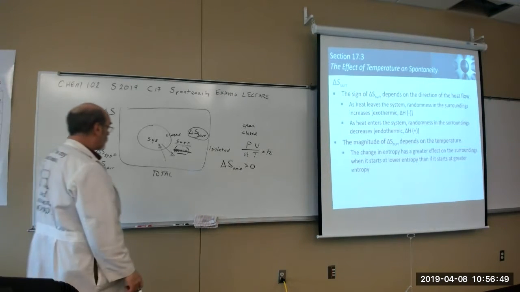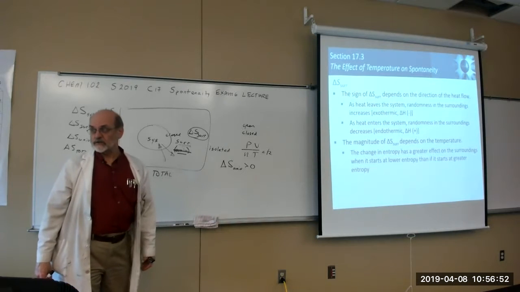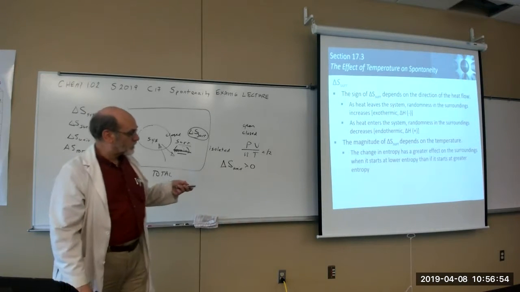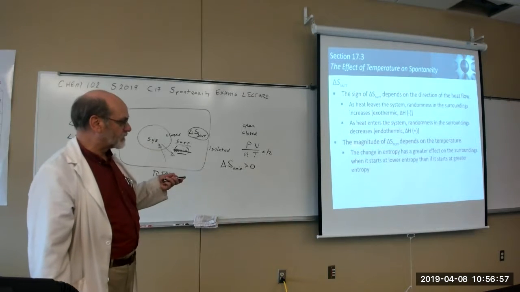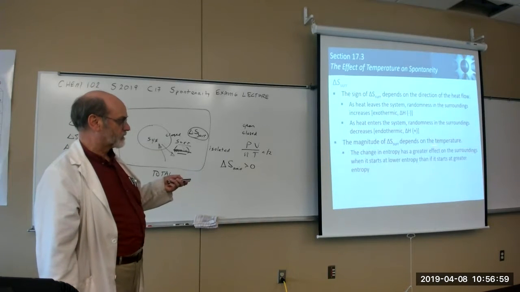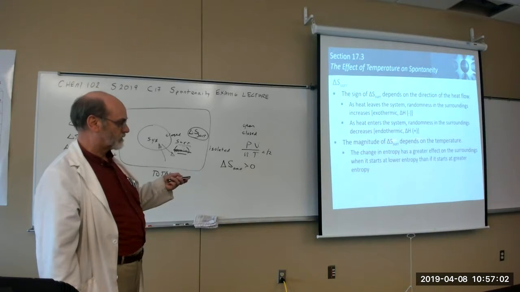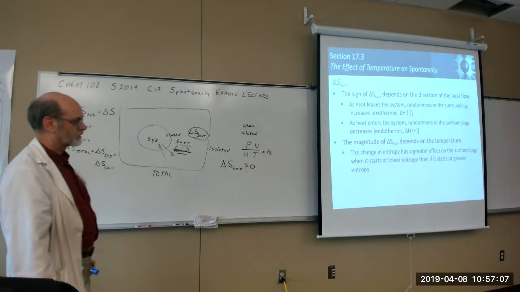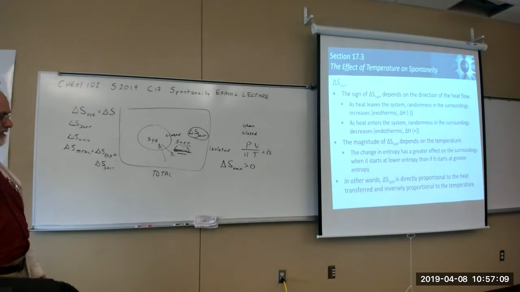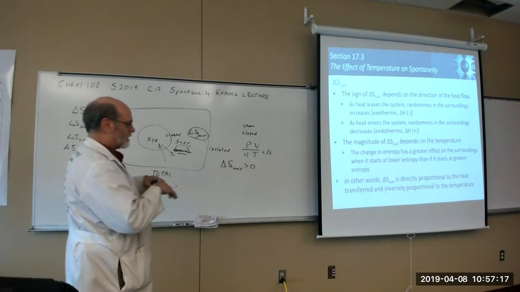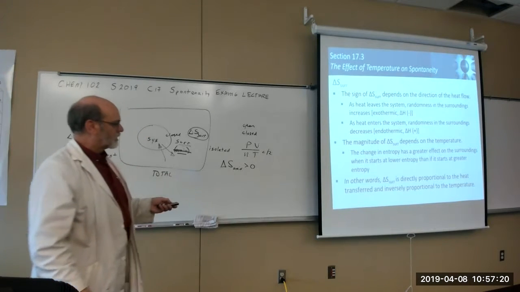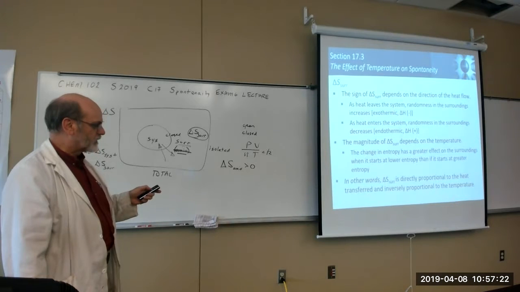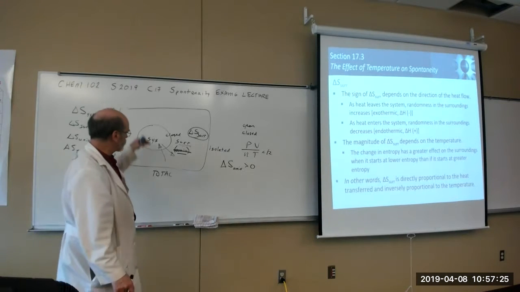So what are we saying? Well, when heat flows, temperature has to change. So the delta S for the surroundings is linked to a change in temperature. It's dependent upon temperature. The long and the short of this is that the delta S for the surroundings is directly proportional to the heat transferred.